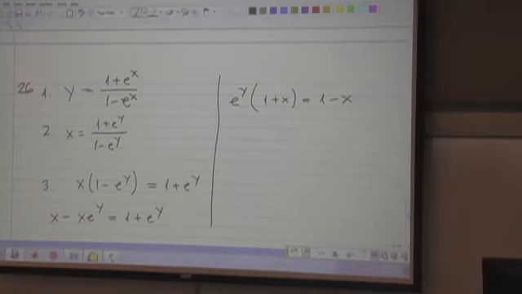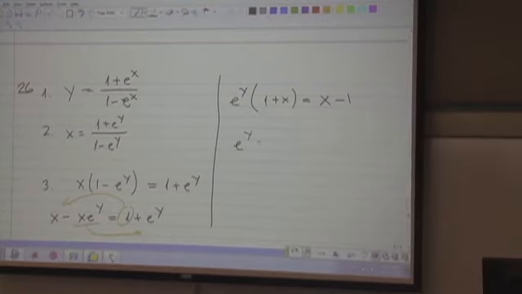X minus 1. So far so good? Yes? I moved this quantity this way, this quantity that way, and factor out an e to the y.